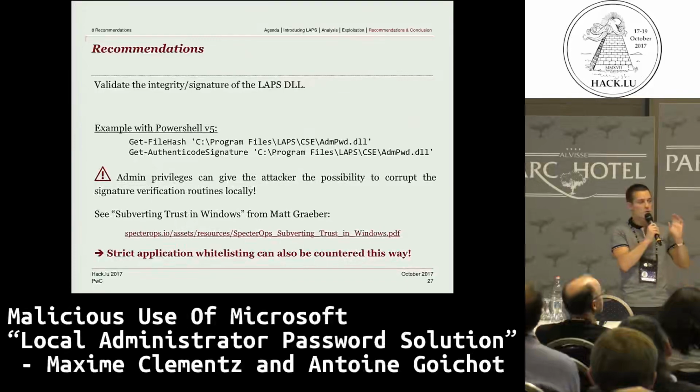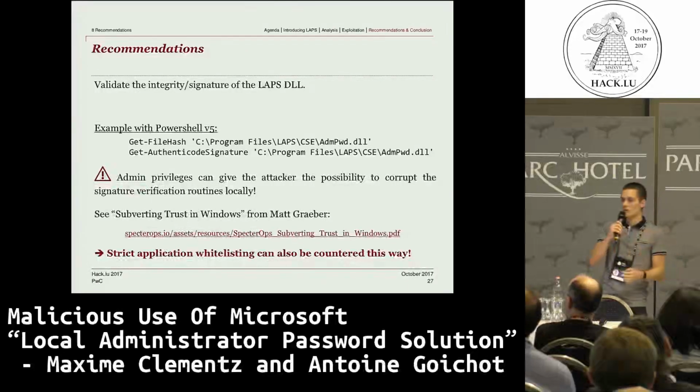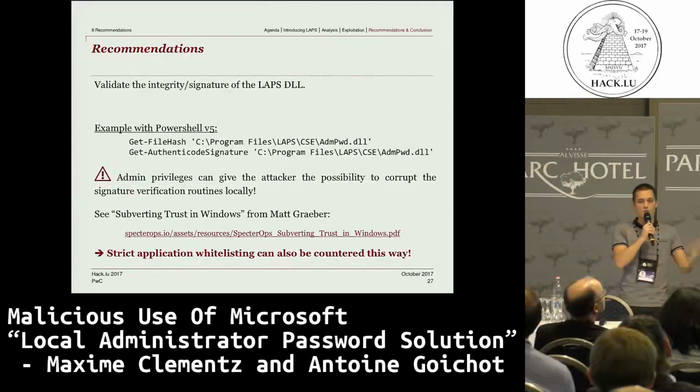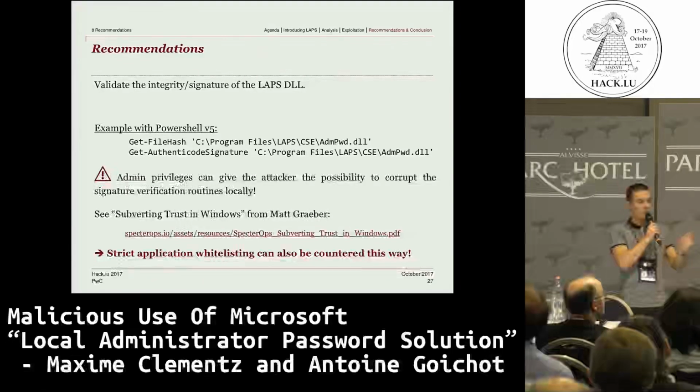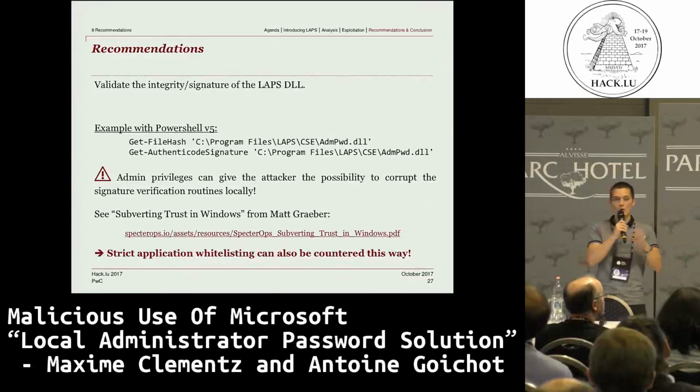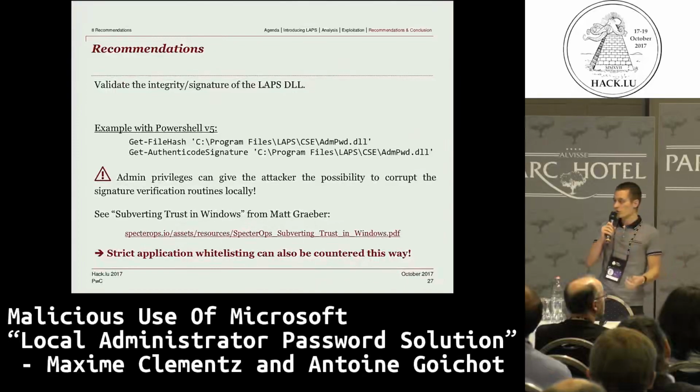However, since we are in scenarios in which we have access to admin privileges, or the system is vulnerable to some EoP or whatever, then you might want to consider reading the paper of Matt Graeber, who demonstrated that as soon as you have admin privileges, you will be able to corrupt all the validation routines on a Windows workstation.